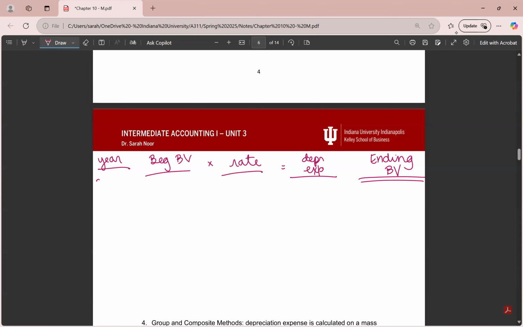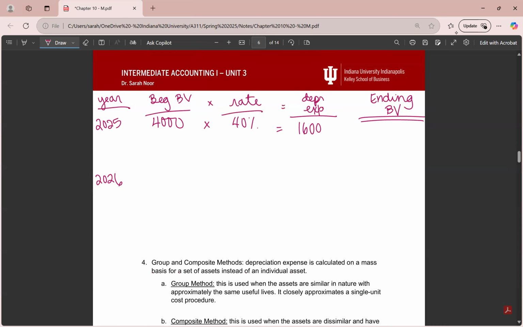So in this table, we have 2 years, 2025 and then 2026. In 2025, we start off with the beginning book value of 4,000, because no depreciation has happened yet, it's the first year, that's the historical cost. We multiply by the rate of 40%, and our depreciation is 1,600. So the ending book value is going to be our beginning book value minus depreciation.